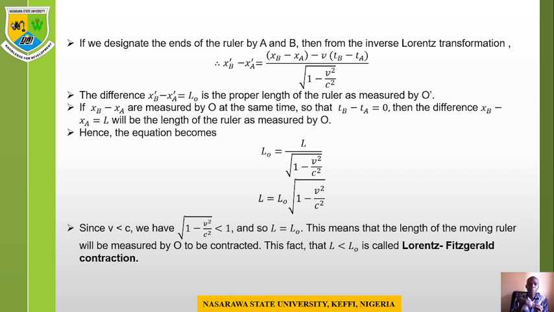That is to say, it depends on whether the observer is stationary or is moving. So if it is moving, it will of course measure a different length. So you can see the length when the object is moving or when the observer is moving will be shorter, or will be contracted, than the actual length.